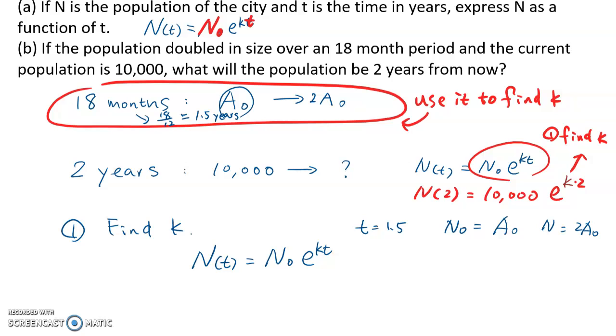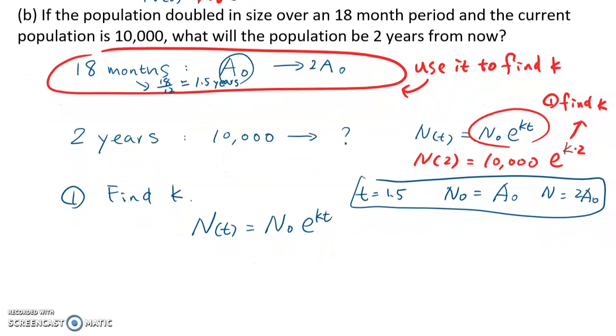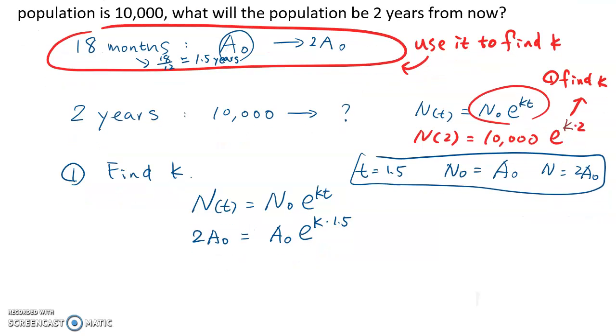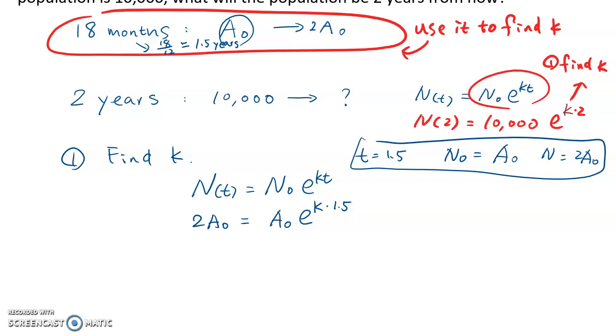I'm going to plug these 3 values into the function. First of all, N is 2 A naught, and A naught is the initial amount, e to the k is what we're looking for, and t is 1.5. So now we have an equation in k. First, we can cancel out the A naught on both sides, dividing by A naught on both sides, so it's gone.